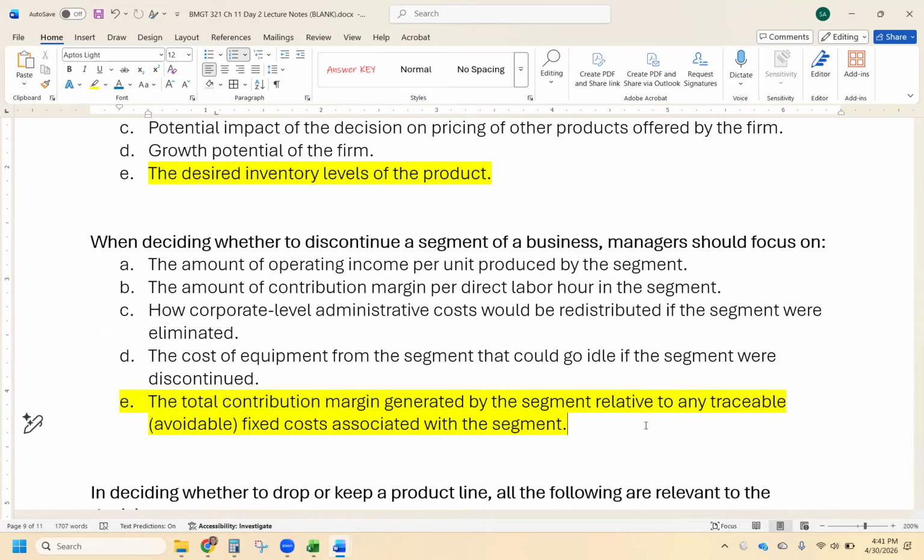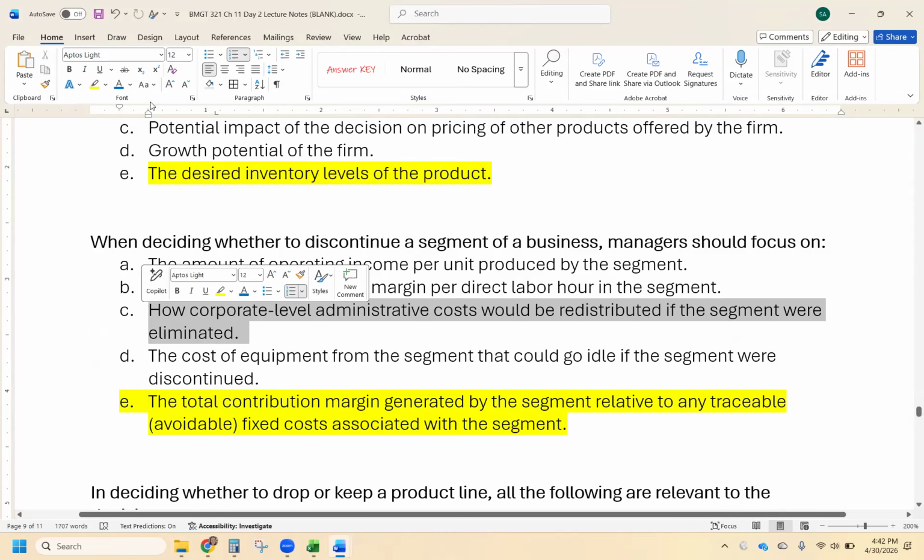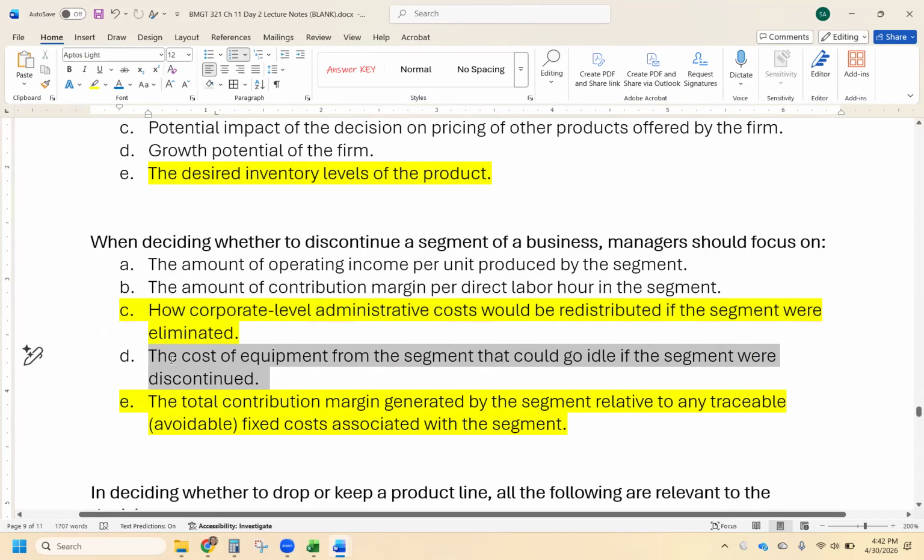So I would accept C. I'm going to mark C as right. I'm going to mark all these as right. And here's why. The book says it's E, but I like C and D as well.